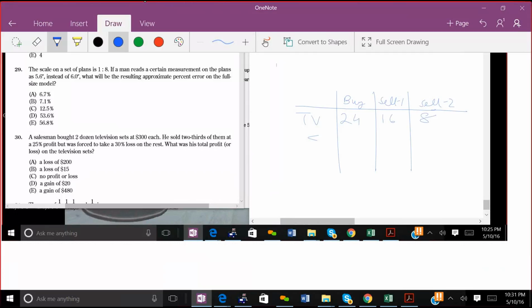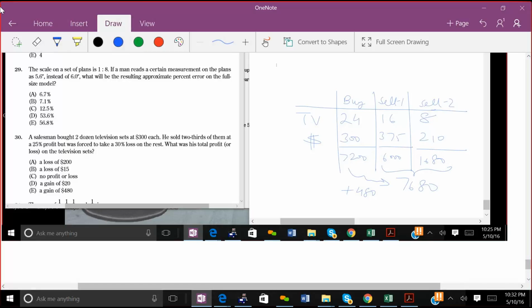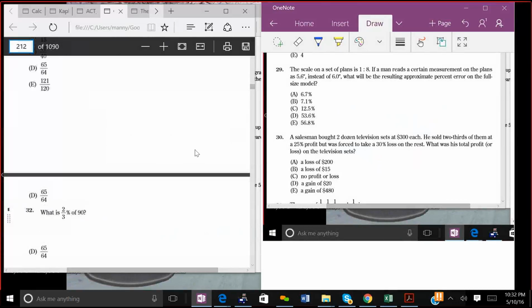And the dollar amount was 300, this was 375, and this is 210. When you multiply this, 7,200; when you multiply this, you have 6,000; when you multiply this, it's 1,680. So you add these up, that's 7,680. So the change here was plus 480. That's the profit. That's how you have to break it down. So you're on the right track.